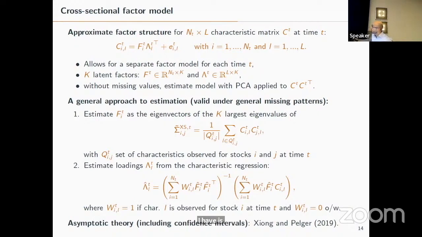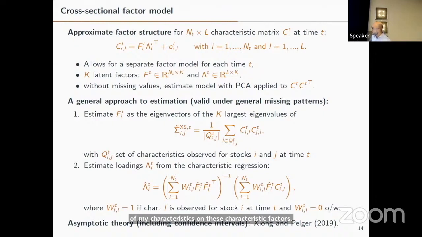We are essentially using only the observed values to calculate this characteristic covariance matrix. So let's say I have two stocks, I and J. I only look at the characteristics that these two stocks share to figure out how similar they are, to calculate their characteristic covariance. Then I calculate this overall matrix. The eigenvectors of the largest eigenvalues will be my characteristic factors. Then I run a regression of my characteristics on these characteristic factors to get my characteristic loadings.